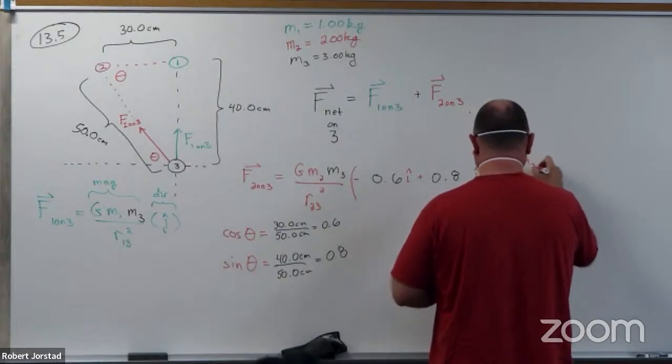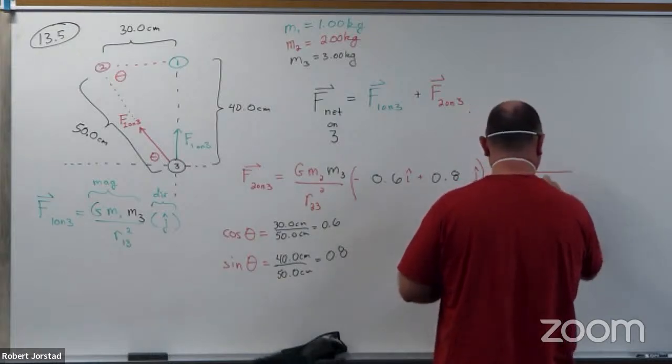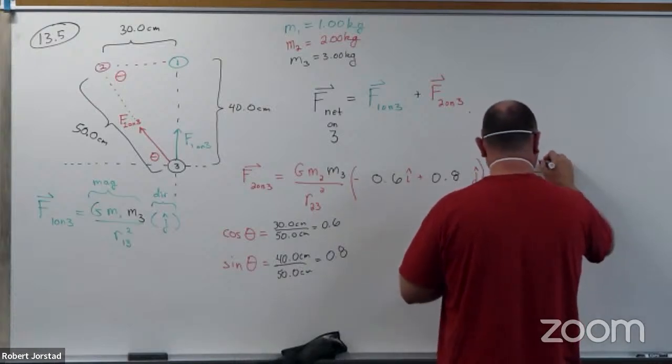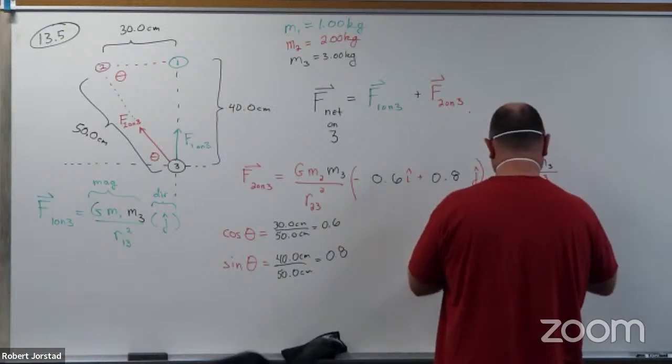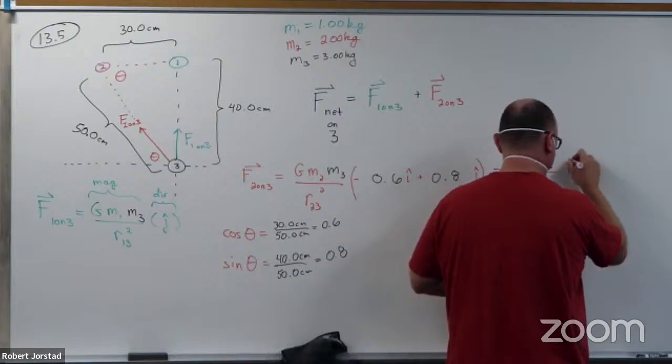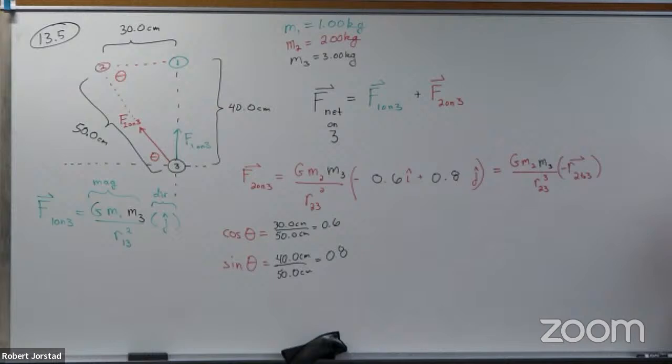Give me a second. I'll get out of the way. It's going to be G M M over R cubed times the minus R vector.